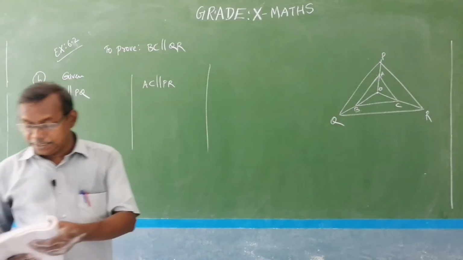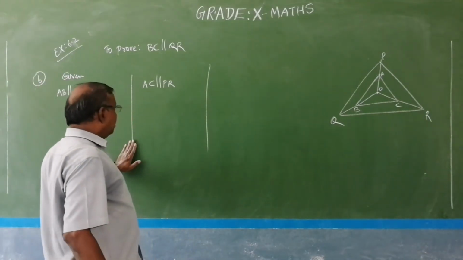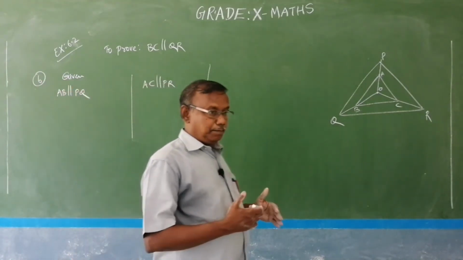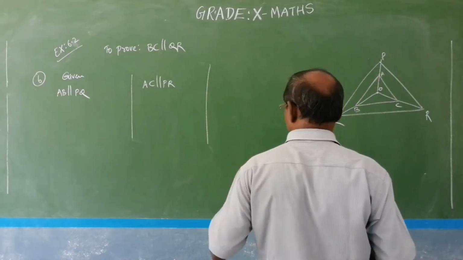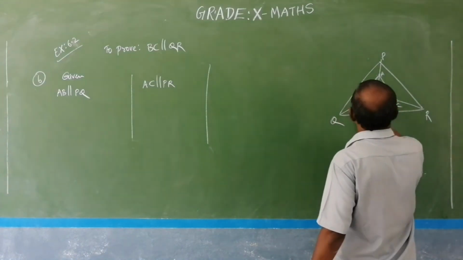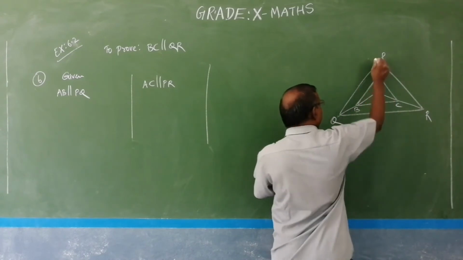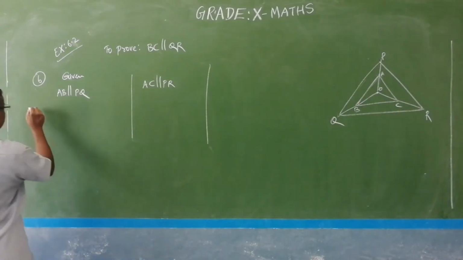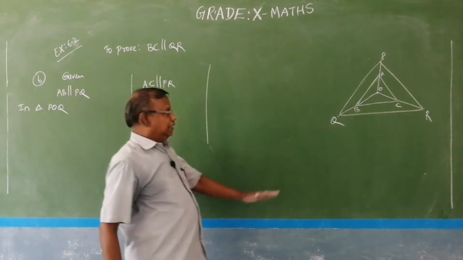Okay, let us analyze this. All these problems we have to solve based on BPT only, because we are given a line parallel to another line in a triangle. So AB parallel to PQ. So consider the triangle POQ, there only we have AB and PQ.